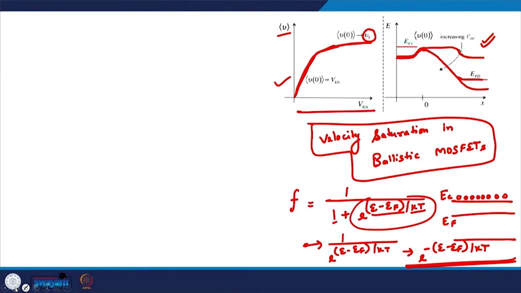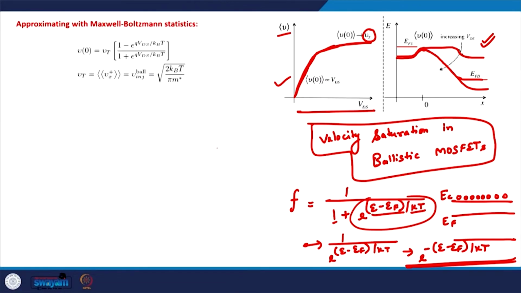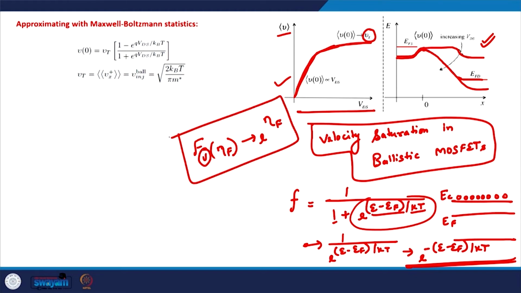It's a quite reasonable approximation, and if we do that, then the Fermi-Dirac integrals simplify pretty much, and the Fermi-Dirac integral of order j can be approximated by exponential of eta F. So the order of the Fermi-Dirac integral is not relevant when Maxwell-Boltzmann statistics is in the picture.